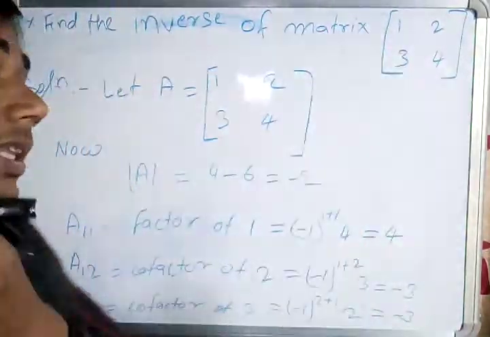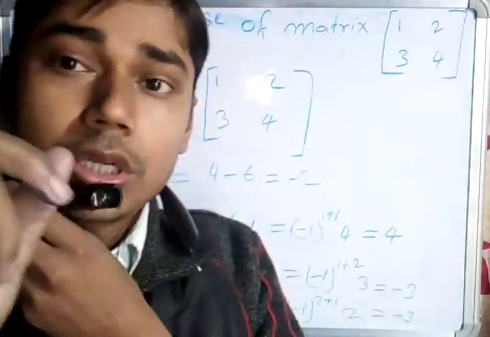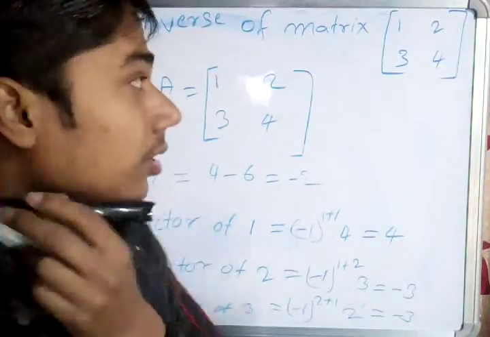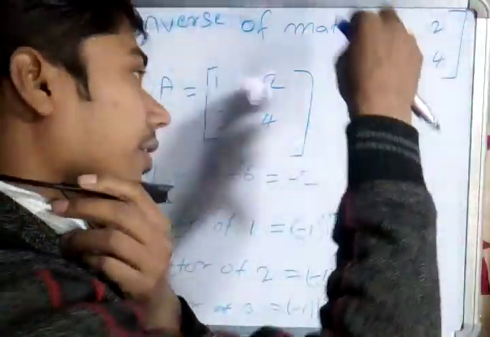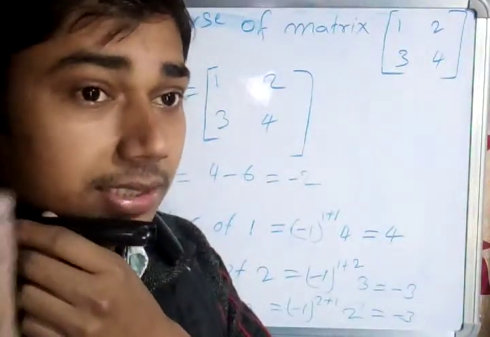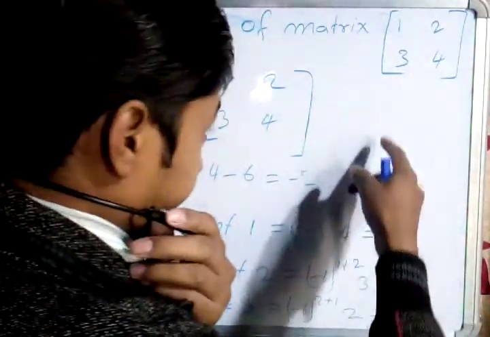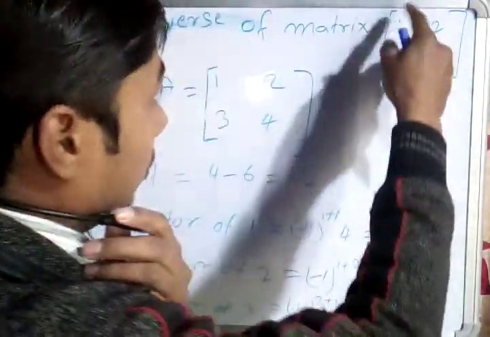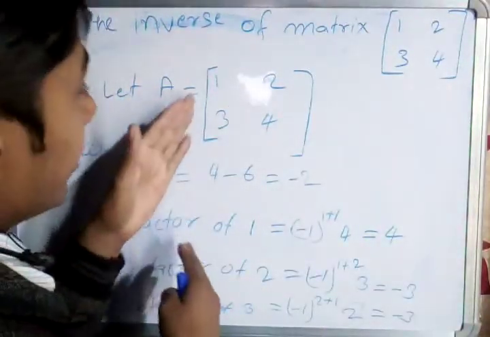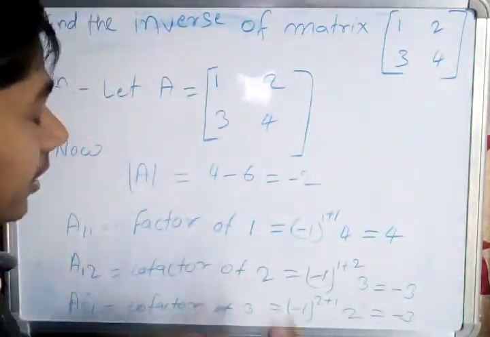This matrix is a square matrix of order 2 by 2, because the number of rows and the number of columns are the same. Let A be this square matrix, and we find its inverse.